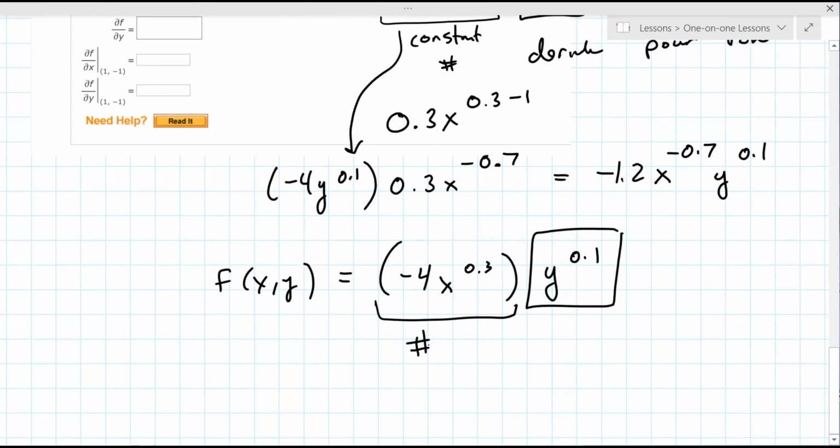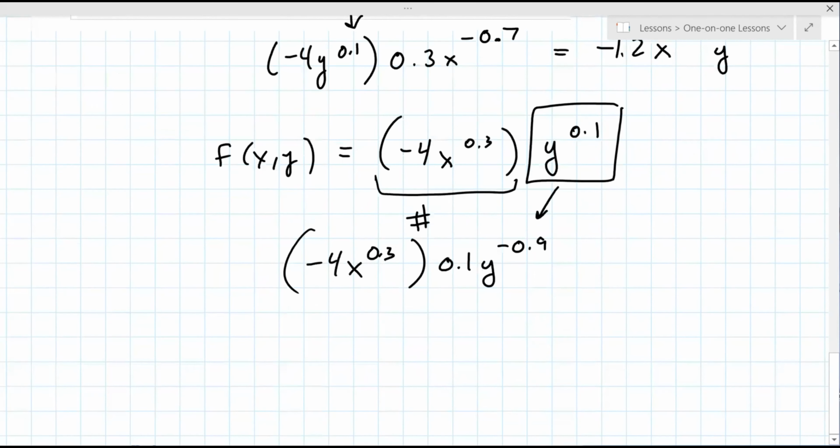So the derivative of this is 0.1 y to the minus 0.9 power. And then you just bring this part down, negative 4x to the 0.3 times this. And if you wanted to, you can write this as minus 0.4 x to the 0.3 y to the minus 0.9.